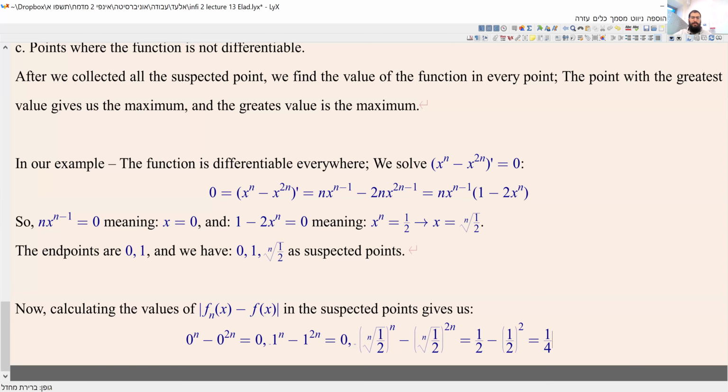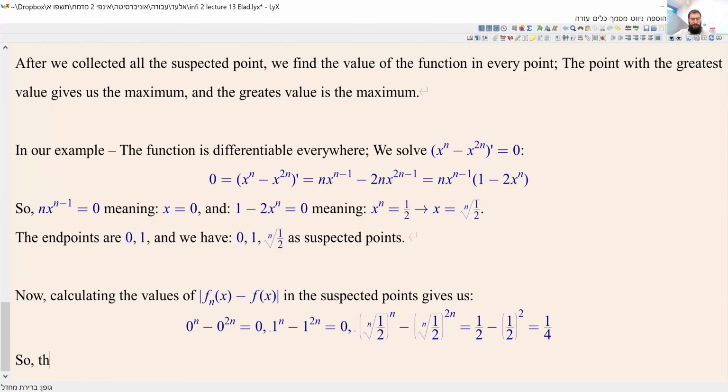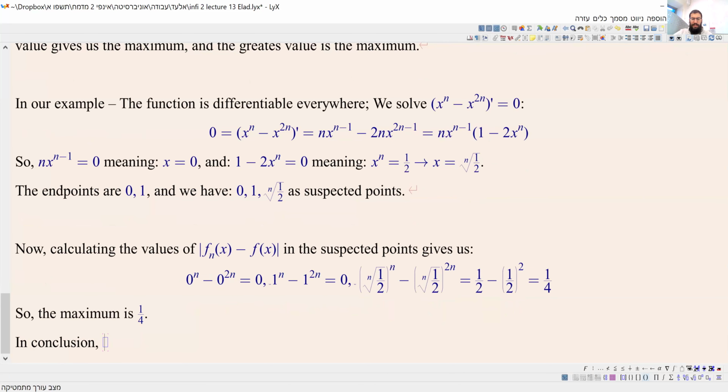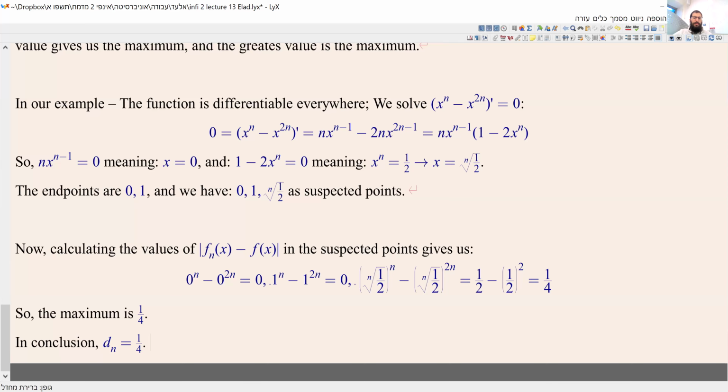So the maximal value is a quarter. The maximum is always a quarter. In conclusion, d_n is always a quarter, and it doesn't matter what n is.